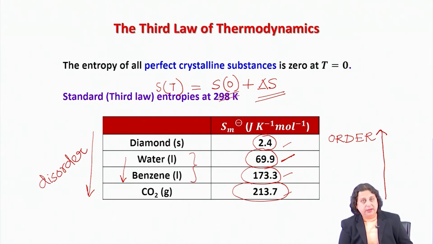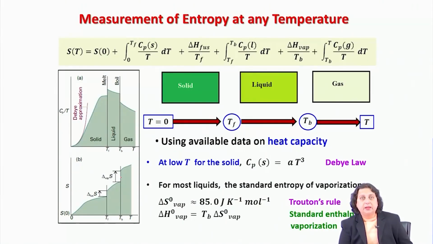So the take-home message from this slide is, if I want to find out the absolute value of entropy, I need to use both the second law of thermodynamics as well as the third law of thermodynamics. I cannot do so in terms of the second law of thermodynamics only.